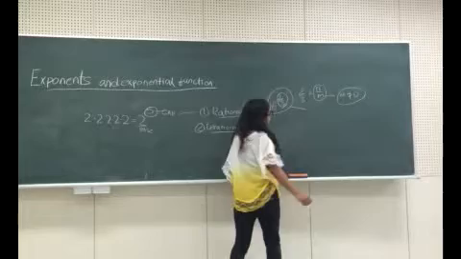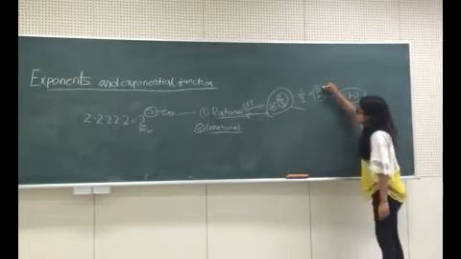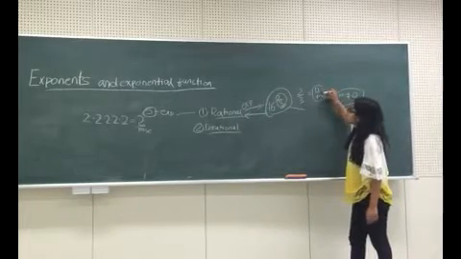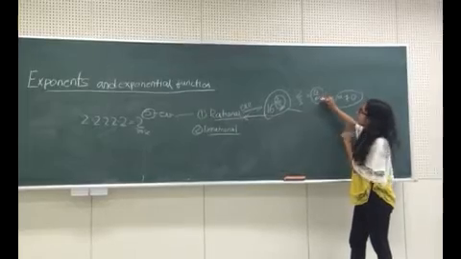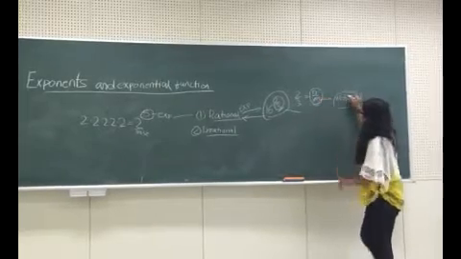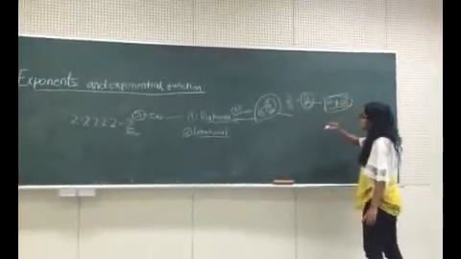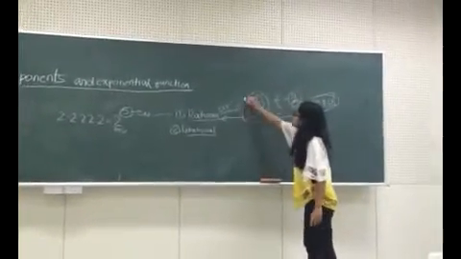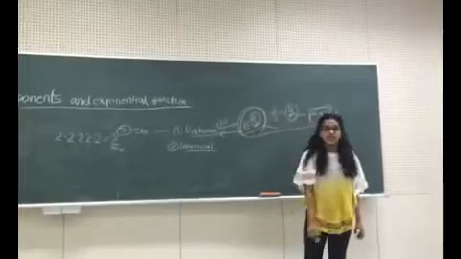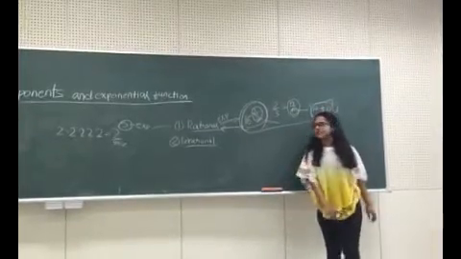I repeat, if the exponent is n by m, where m is not equal to 0, if this satisfies the condition, then the number becomes the rational exponent. I hope this is clear.